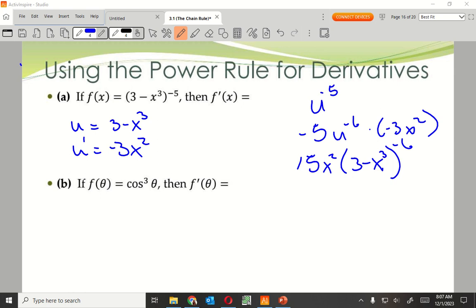Very good. So it would be a positive if I move that negative exponent to the denominator. So that would look like this: 15x squared over quantity of 3 minus x cubed to the positive 6. That's what that would be if I were to rewrite it.